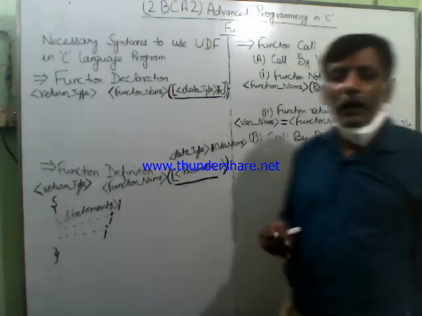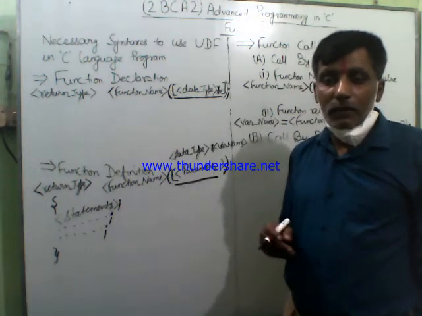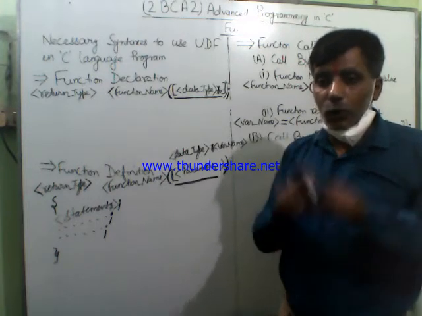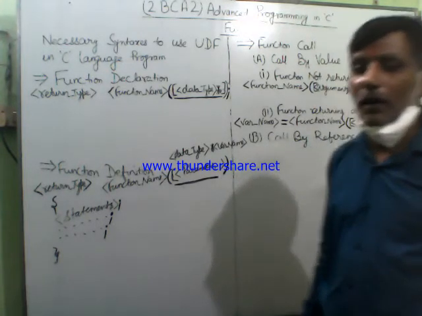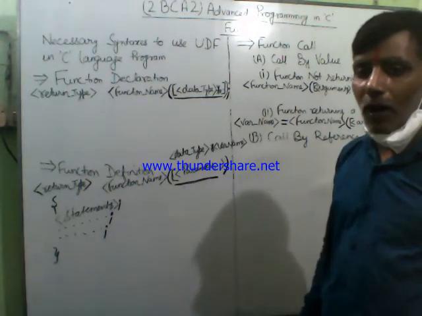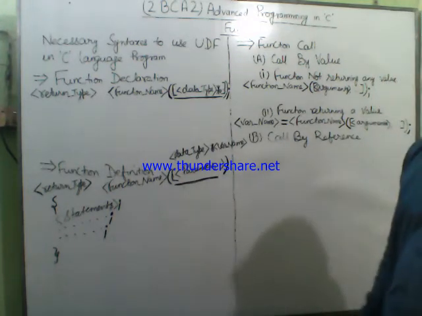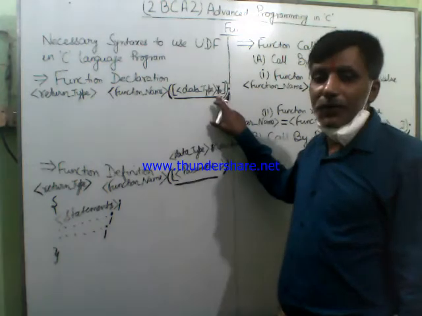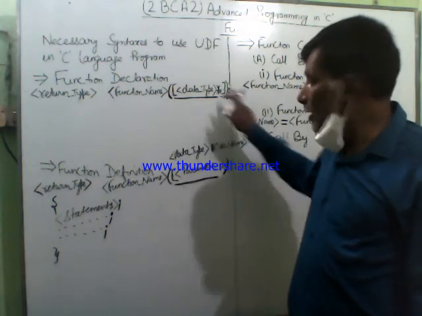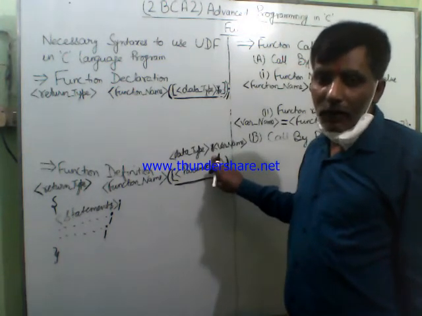for declaring and for defining, and there is another difference to call the function, because there are two methods of function call: call by value and call by reference. When you are going to call your user defined function by call by value method, then you have to leave the asterisk out of the function declaration and you have to leave the asterisk out of the function definition.